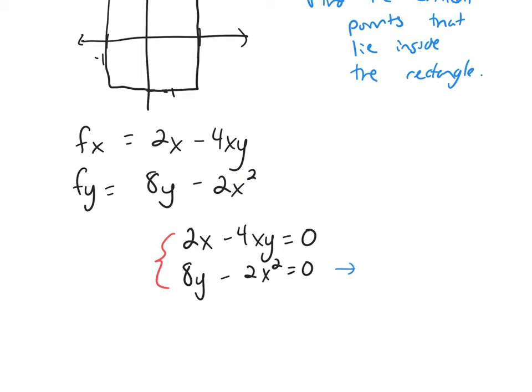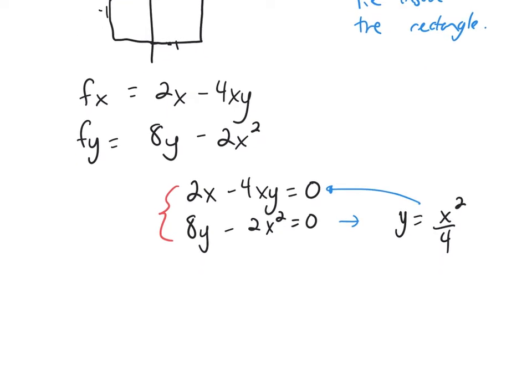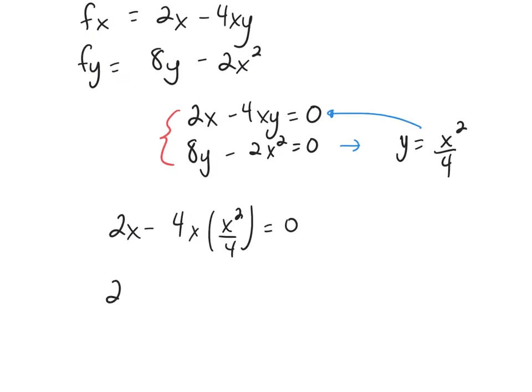If you solve for y, you'll get x squared over 4, and then plug this into the first equation. So we'll get 2x minus 4 x times x squared over 4. So here I'm going to get 2x minus x cubed equals 0.